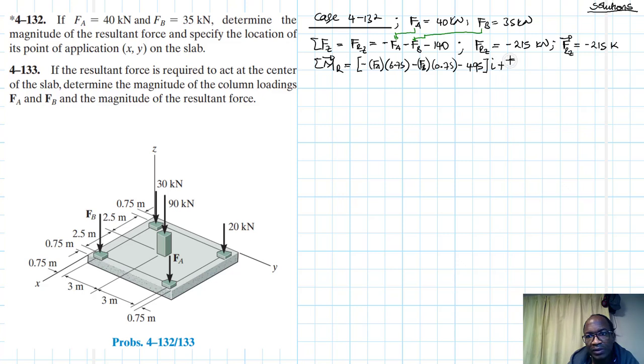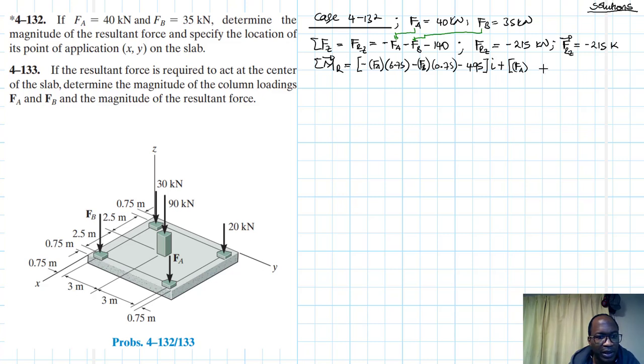So plus, let me just check it again, 30 by 0.75 plus 90 by 3.75 and 20 by 6.75. Alright, 495. So let's check the other side. The other side will have positive, so we'll have Fa times the lever arm.